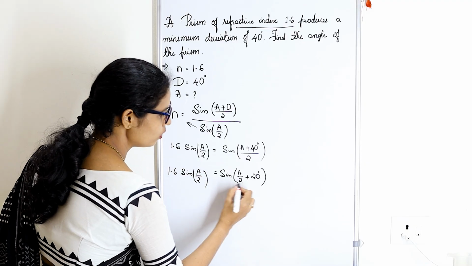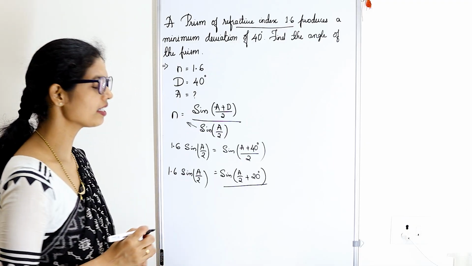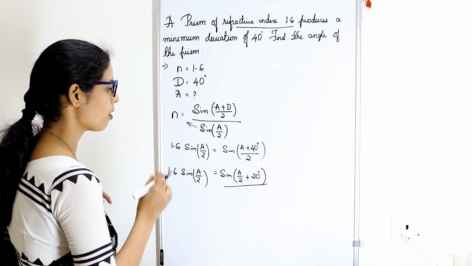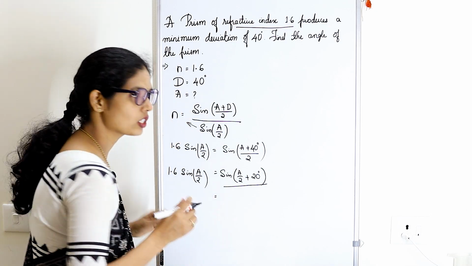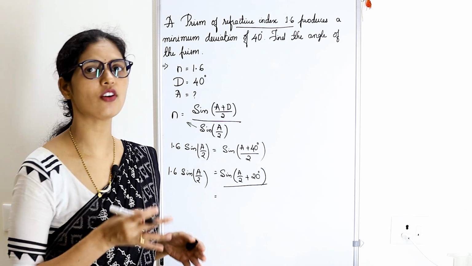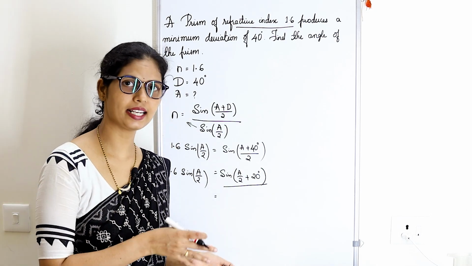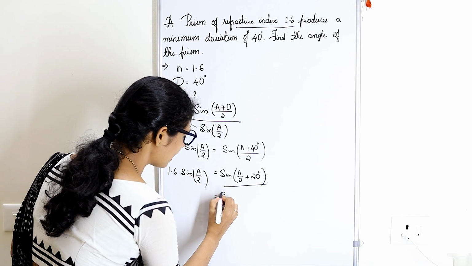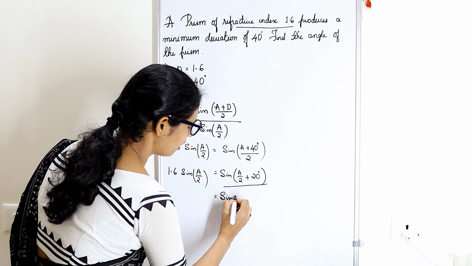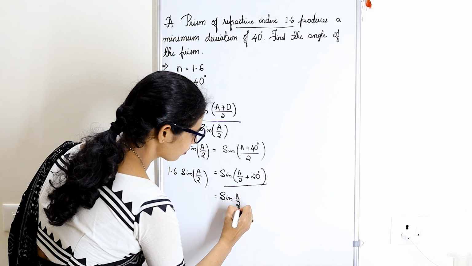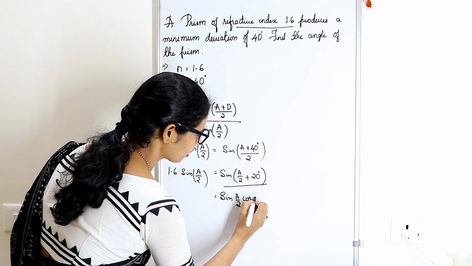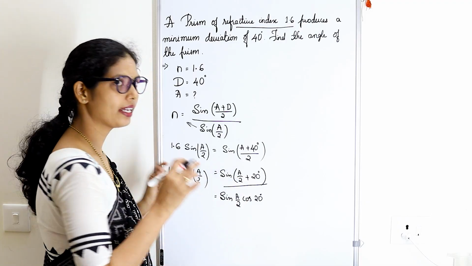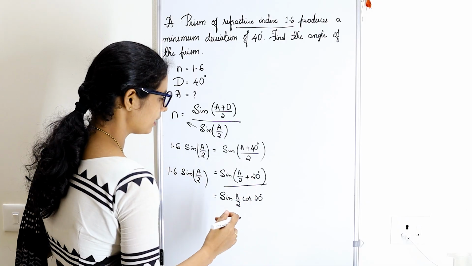Okay, when you look at this, is it in the form of sine of (A plus B)? Yes, it is in the form of sine of (A plus B). So what is sine of (A plus B)? Sine of (A plus B) can be written as sine A cos B plus cos A sin B. So we'll also write it here, sine A cos B. In the place of A we have A by 2, in the place of B we have 20 degree.